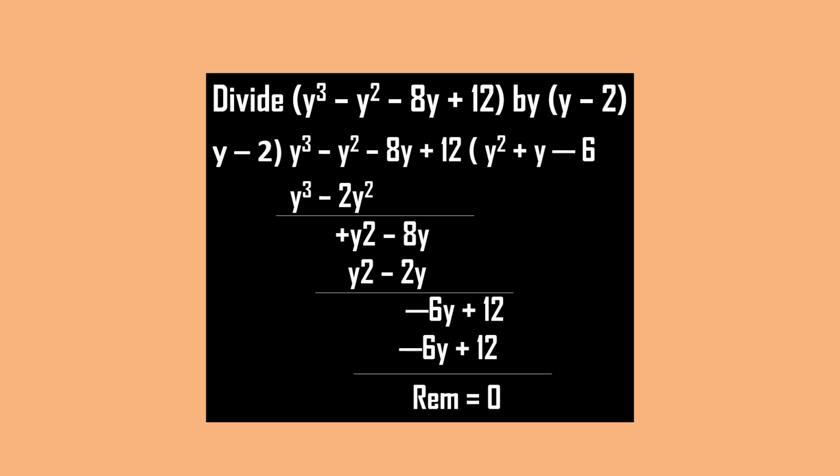So we divide and we find that the remainder is 0 and the quotient is y^2 plus y minus 6. So when the expression is divided by y minus 2, we get y^2 plus y minus 6. This is the first method. Now we will see the second method.